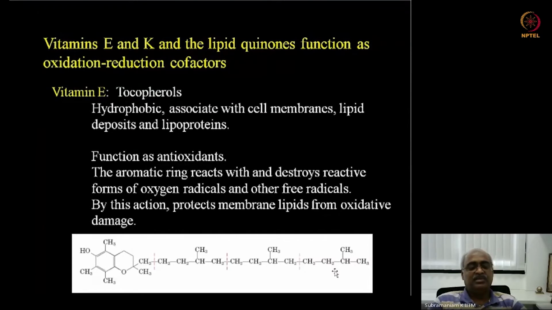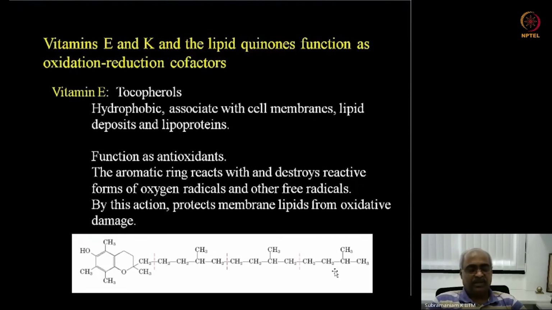For that, the free radicals that are produced need to be scavenged, and this is done by molecules that can readily take up electrons, and they are called antioxidants.